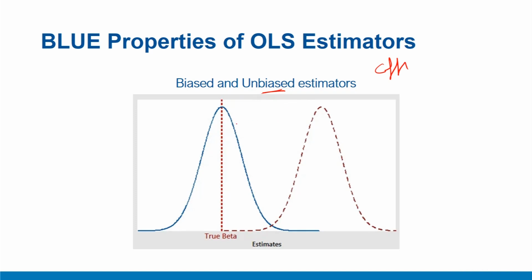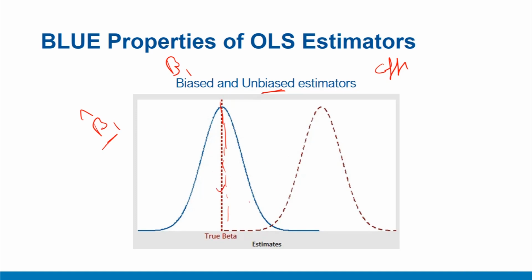Any estimator that has its expected value the same as the true population parameter is unbiased. For example, if we are trying to estimate beta 1 using some estimator beta 1 hat like the OLS estimator, and if in large repeated samples the expected value of beta 1 hat is the same as the true population value, then it is called an unbiased estimator.